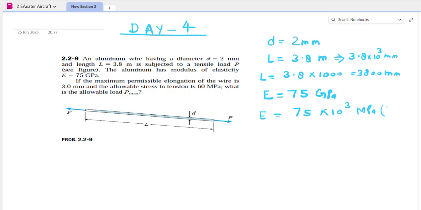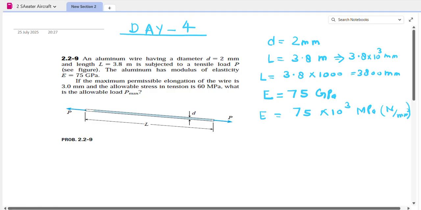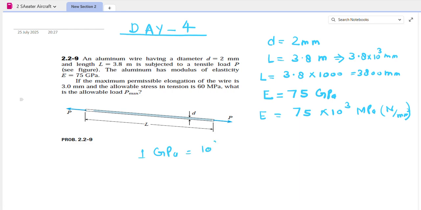megapascal, or in bracket we can see that this is Newton per millimeter square. How? I will show you. 1 gigapascal is equal to 10 to the power 9 pascal. One thing I know, 1 megapascal is equal to 10 to the power 6 pascal.